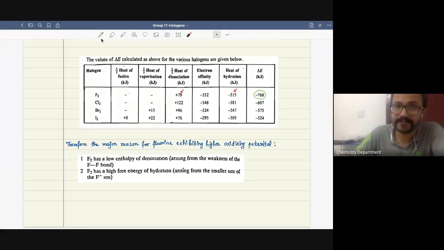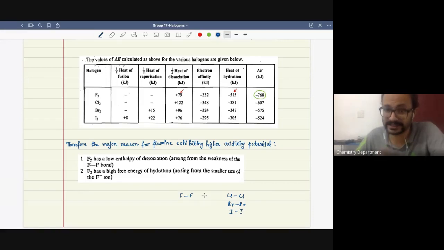Now, why are these F-F bonds weak? You will ask me that. There are two reasons given for it, compared to the other atoms like bromine and iodine, in J.D. Lee.